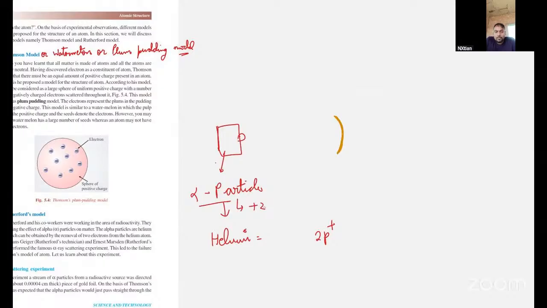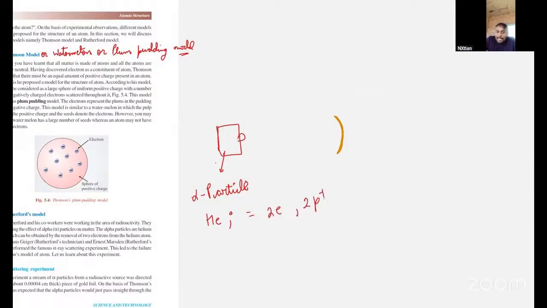No, sir. See, an alpha particle is basically made up of helium. Helium usually has 2 electrons and 2 protons, but this helium particle is different.